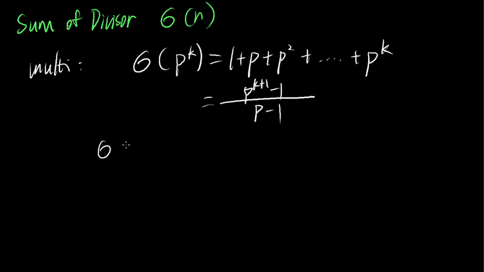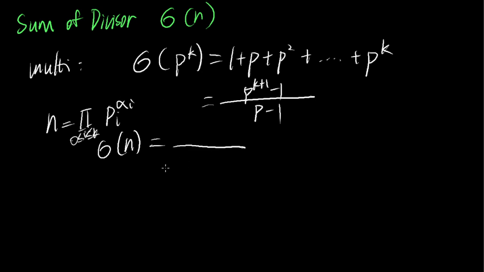If we know that this is multiplicative, we know that if n is equal to the product of each prime number power, the sum of divisors of n would be each such expression multiplied together.